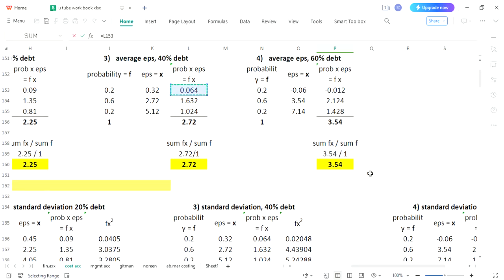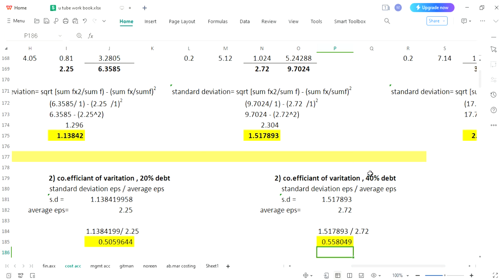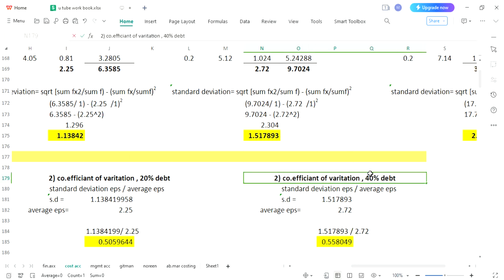Actually, we were solving the third part, 2.72. Let's correct our statement as well. 2.72, and this statement also needs to be corrected, 2.72. So we have got our third CV calculated and it is 0.55.